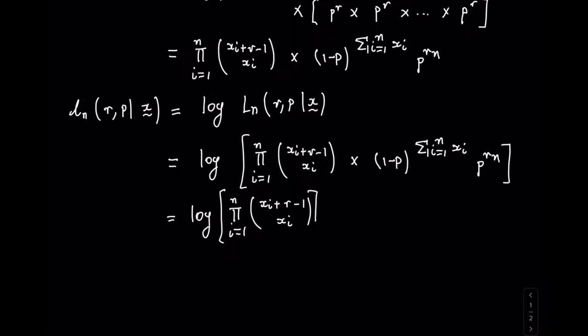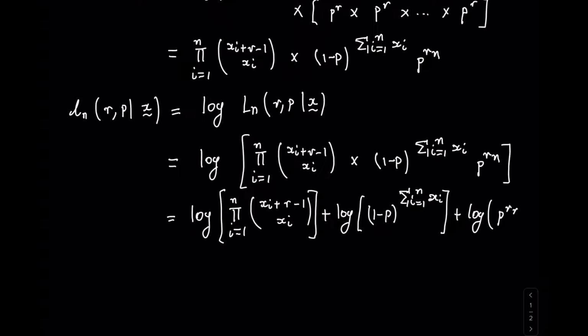So it's log of the first component plus log of the second component, which is 1 minus p to the power of the sum from i equals 1 to n of xi. Finally, plus log of p to the rn.